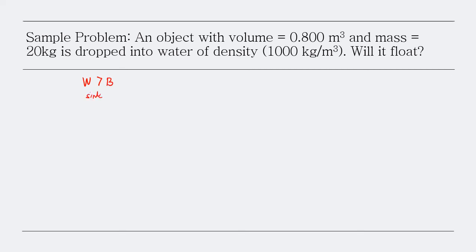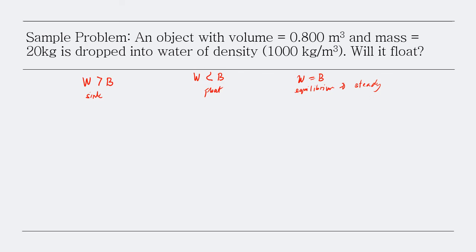If the weight of the object is less than the buoyant force, then it will float. And if the weight is equal to the buoyant force, then it is in equilibrium, meaning it is just steady.